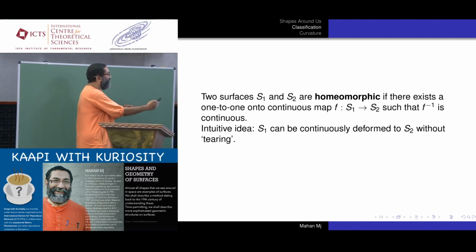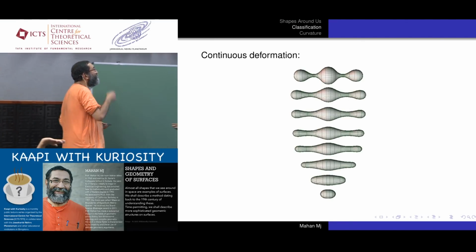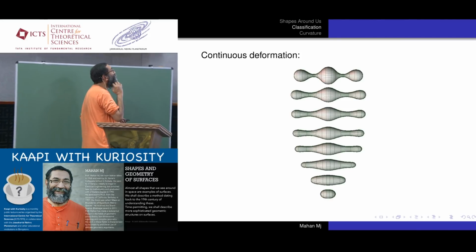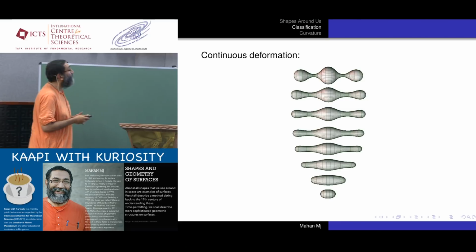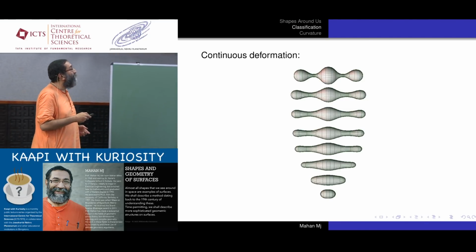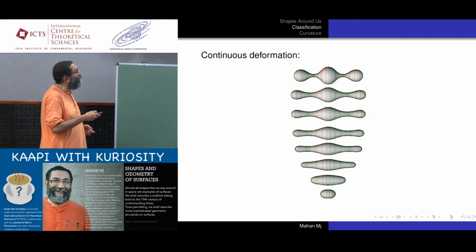Okay, so let's give some illustrations of what I mean here. So you have this, well, it's supposed to be a dumbbell with 3 bells. Okay, so you start off with this gadget, and then you start deforming it.